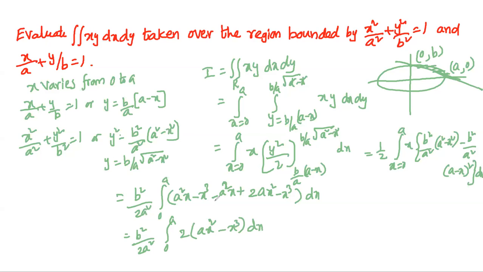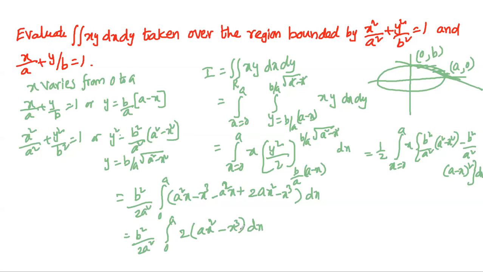Can we do after simplification? Now, you want me to do this one again? a square x, again a square x, x cube, a square x, and 2ax square. Here this will be cancelled, no problem. 2ax square minus 2x cube. Directly we mentioned 2 into (ax square minus x cube), nothing else.